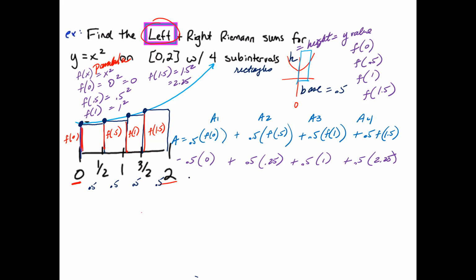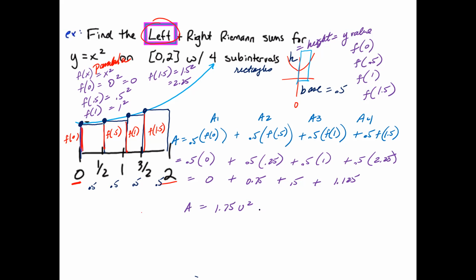All right, well, let's go ahead and multiply this out. 0 plus 0.75 plus 0.5 plus 1.125. All right, now you want to go ahead and add everything together for the area because it's 4 rectangles of this area under the Riemann sum. And altogether, your area is 1.75 unit squared.